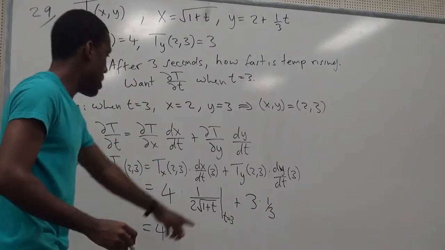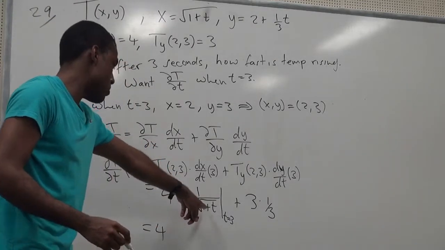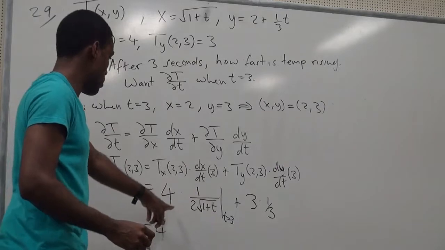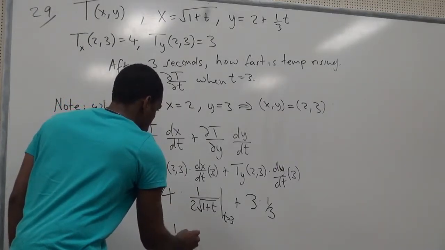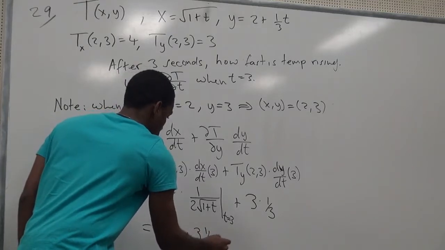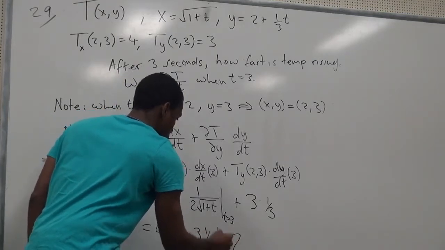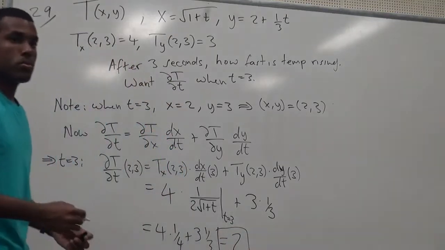So now I plug in t equals 3, that gives me a radical of 4, which is 2. This is a quarter, times 4. So that's just this plus that, which equals 2.